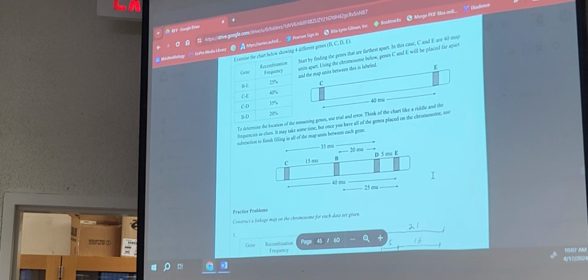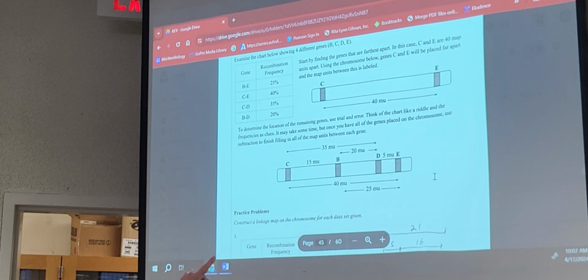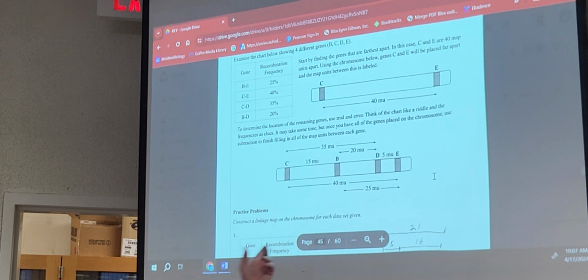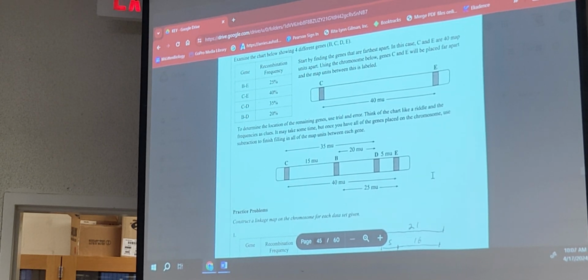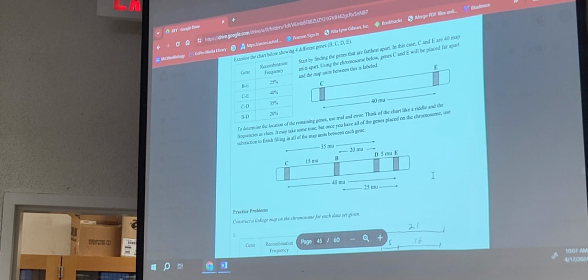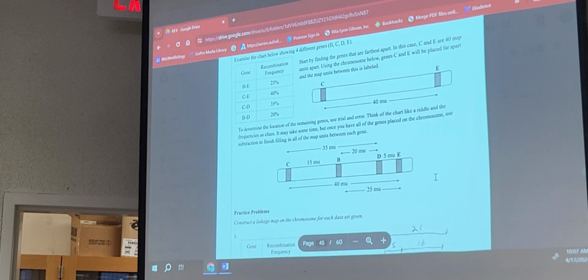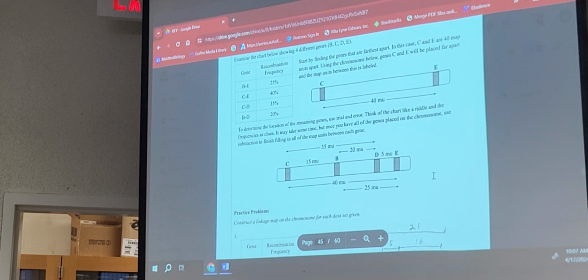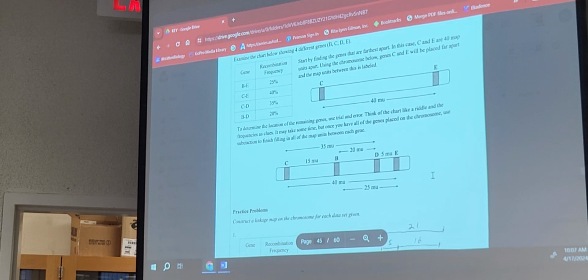Don't trip. That's what all this is. So D to E has to be 5 units, and that backs B up to here. Because if this is 25 and 5, well, 10.